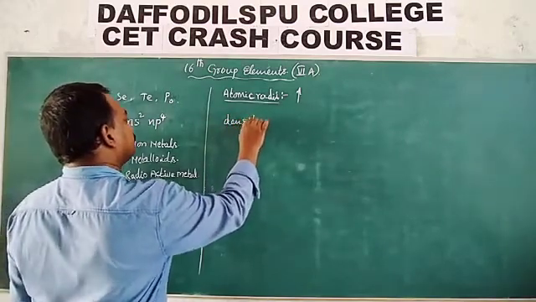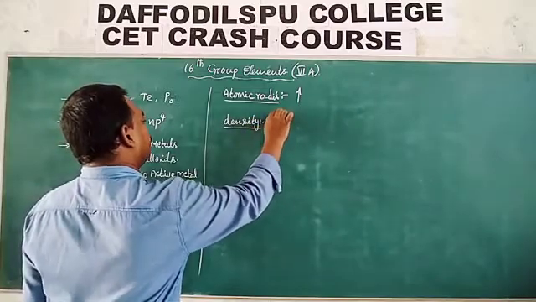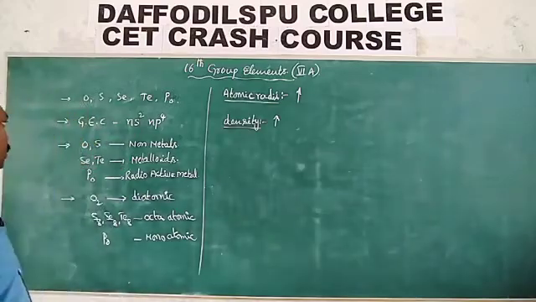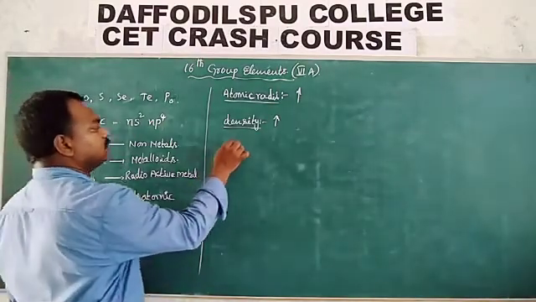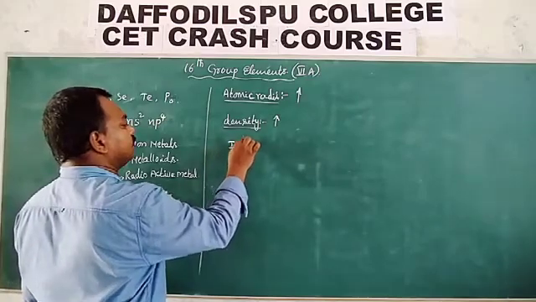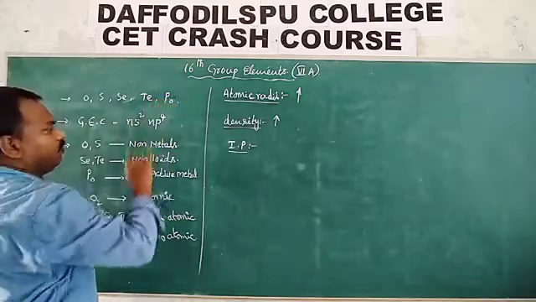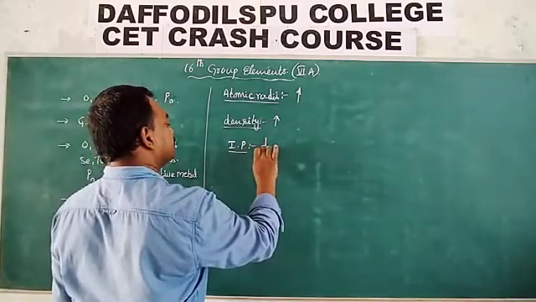Density increases from oxygen to polonium. Ionization potential decreases from oxygen to polonium.